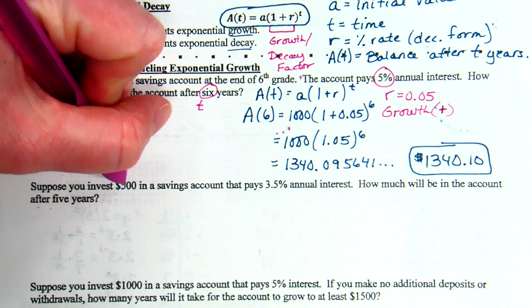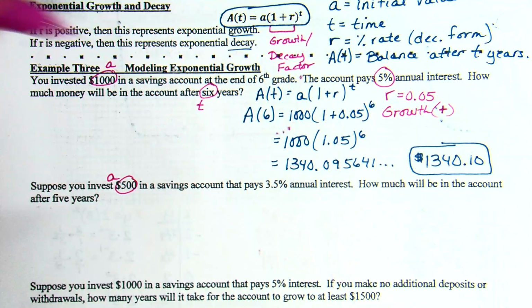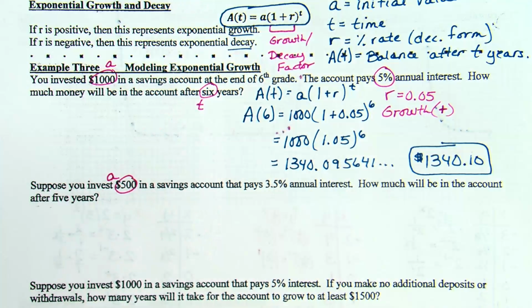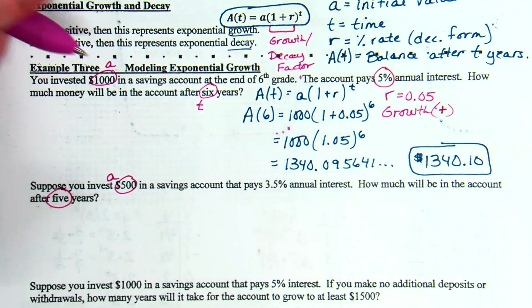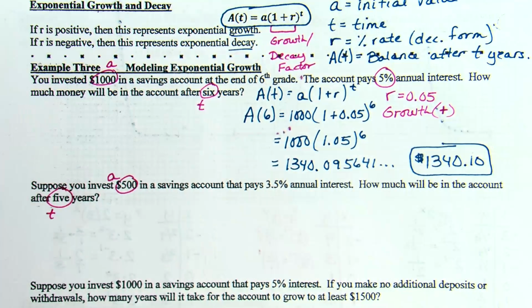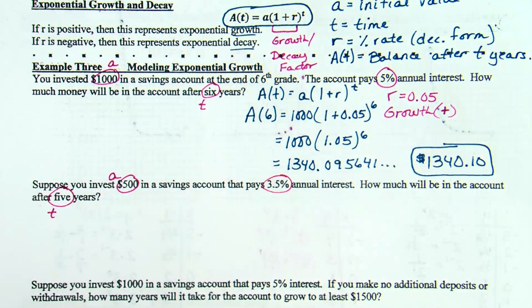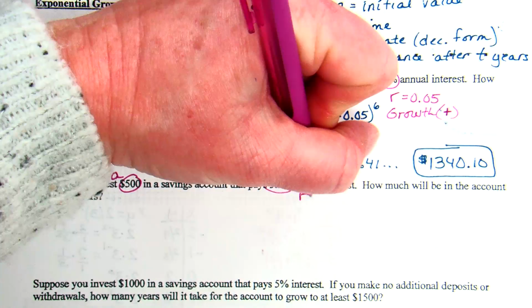Okay, what's A? Our initial value, $500. Okay, what else? Okay. So we have 5 years, which is T, and then 3.5% annual interest is going to help us find our R value.